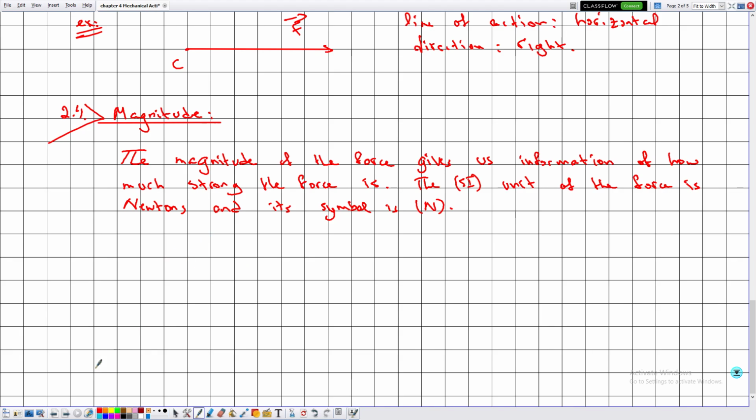Always whenever we introduce a quantity in physics, we need to specify an instrument that allows us to measure this quantity.